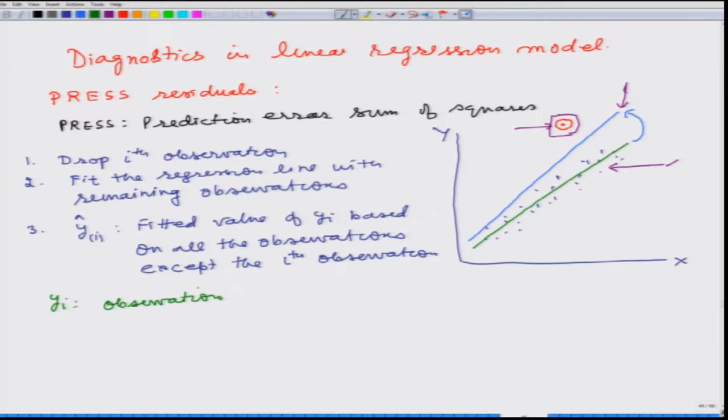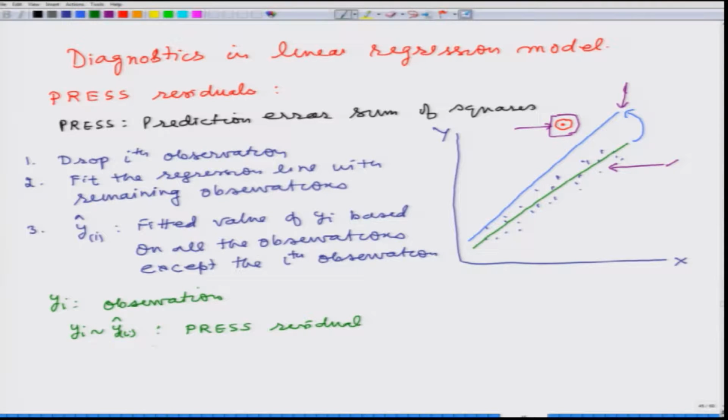Now, if I find the difference between yi and y hat of i, this gives us a sort of residual which indicates the difference between the two values of y when this unusual observation was added in the model and when this unusual observation is not included in the model. And this is called the PRESS residual.